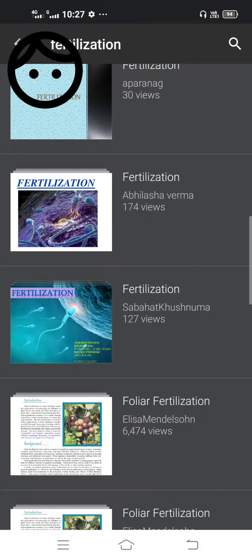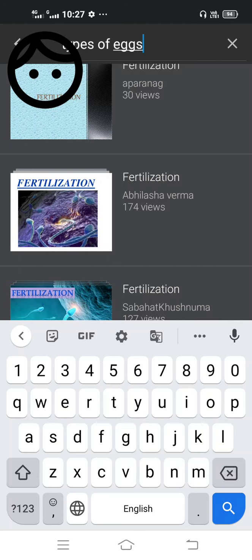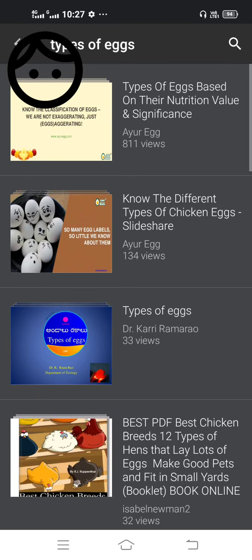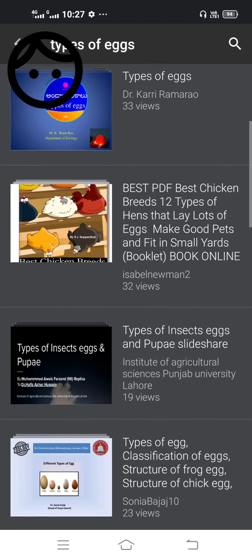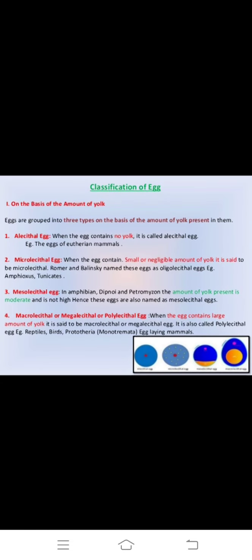Next we go to observe another slide: types of eggs and classification of eggs. Classification of egg on the basis of amount of yolk.